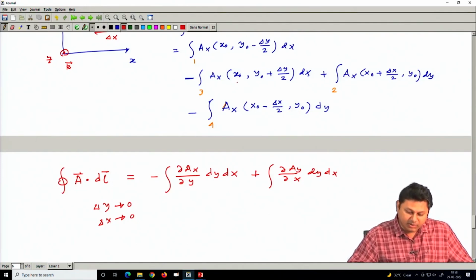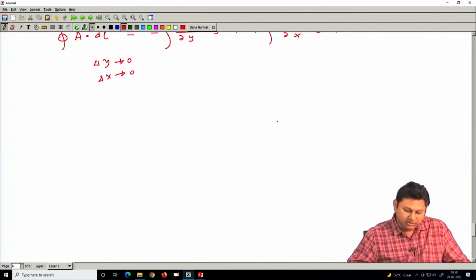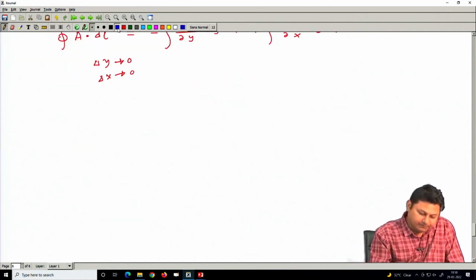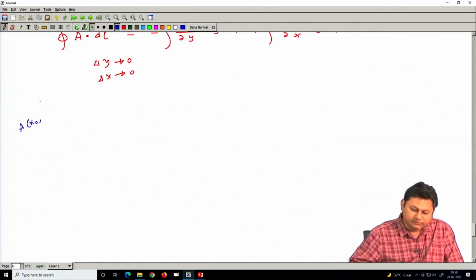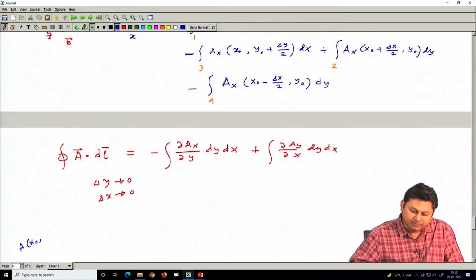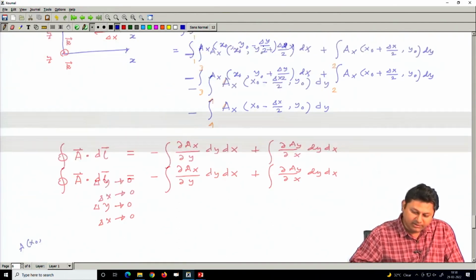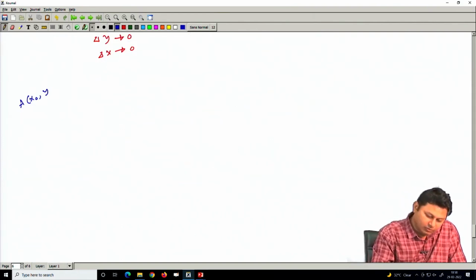What you need to do is just expand. If you expand this quantity, let me do it for the first term; the second term will be very straightforward. You have A x at (x0, y0 minus delta y by 2), this is one term, and then minus A x at (x0, y0 plus delta y by 2).